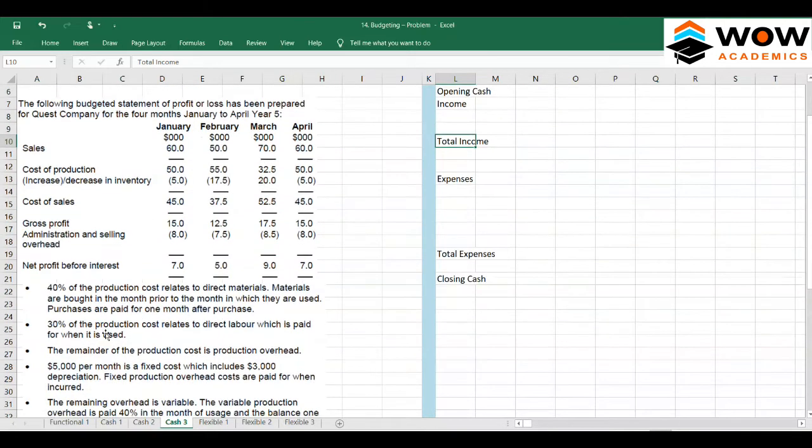The first item they have given is materials. Materials is 40% of these numbers. So we'll take a working note. Working note number 1 we'll take.